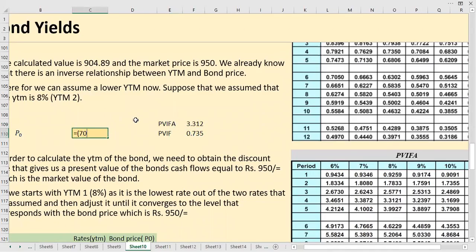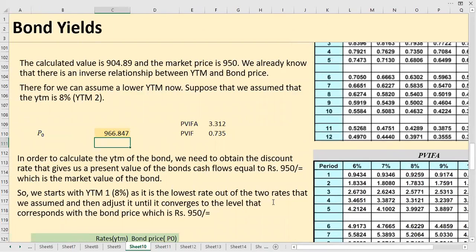We have 70 as the coupon, multiplied by 3.3121, plus we have 1000 rupees as the M, that means face value, multiplied by 0.735. So this is the calculation. You get this value, 966.84.